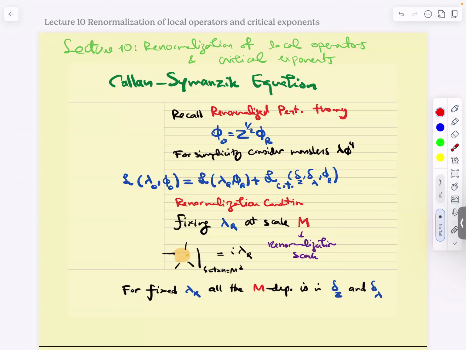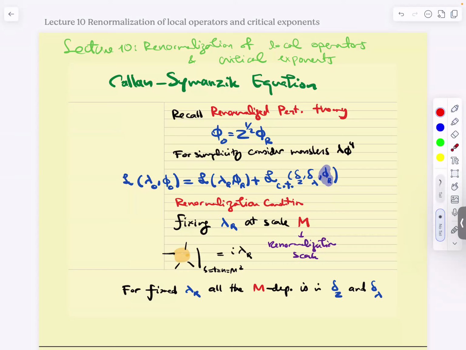Then we treat these counter terms as terms in Feynman interactions, so they will have their own Feynman diagrams. Delta Z, delta lambda, and phi r are treated as couplings, in a sense.